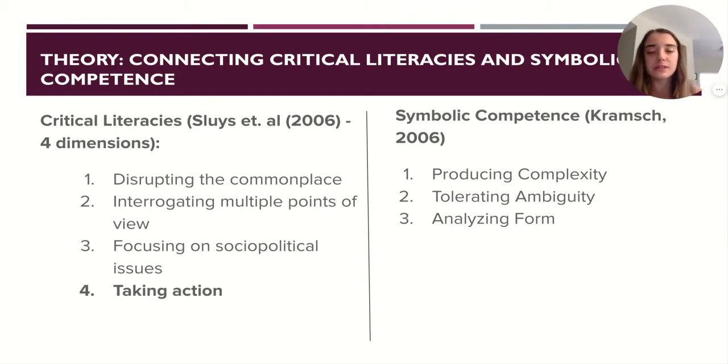We said that was taking a common understanding, something that's just taken for granted, and calling it into question. To me, this is almost another way of reformulating the idea implied by producing complexity. So by disrupting the commonplace, we are inherently producing complexity, meaning that by performing dimension 1 of critical literacies, we are also performing dimension 1 of symbolic competence.